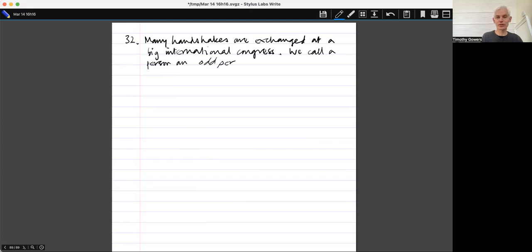That's supposed to be my italics. If he, not my wording, has exchanged an odd number of handshakes. So I think I would prefer a they in there, but I'm just sticking with copying out what's actually in the book.